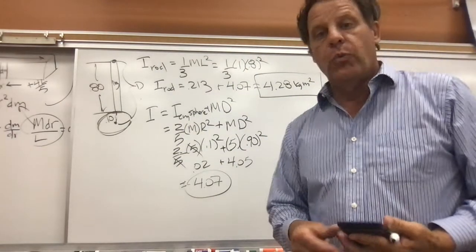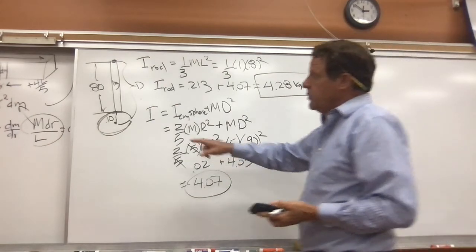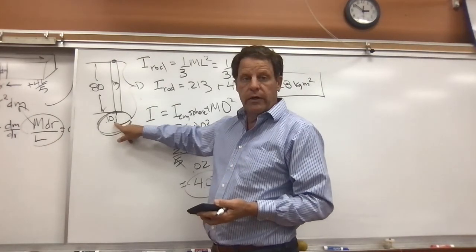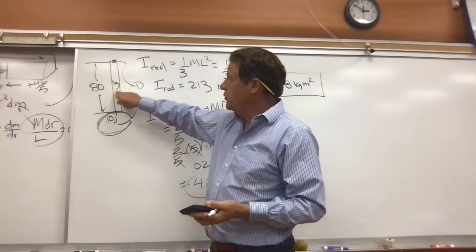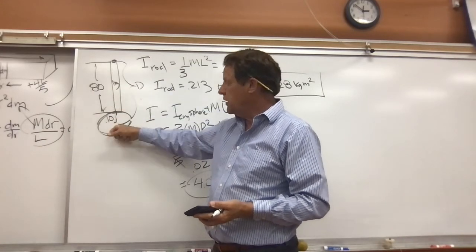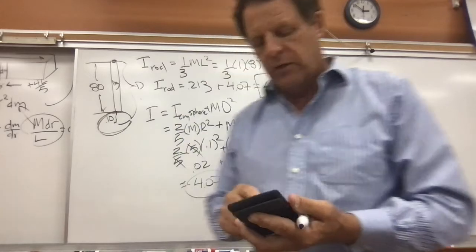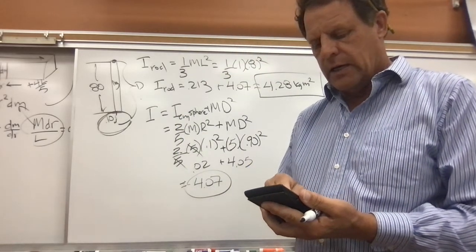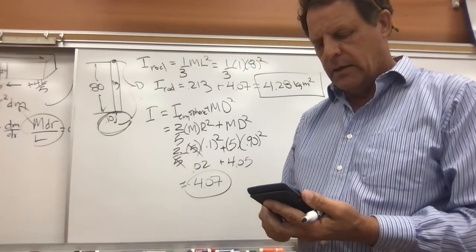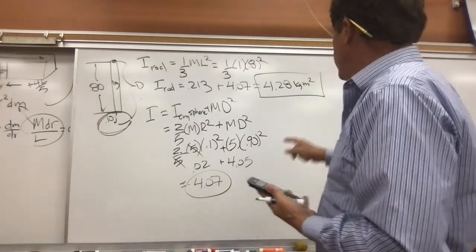Now, if we just did mr squared, if we ignored this 1 kilogram and just talked about this 5 kilogram being 0.9 meters away, so 5 times 0.9 squared, now we're at 4.05.